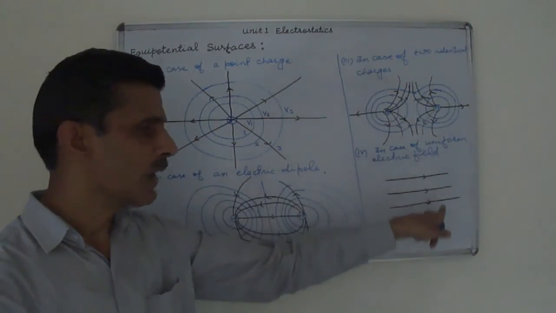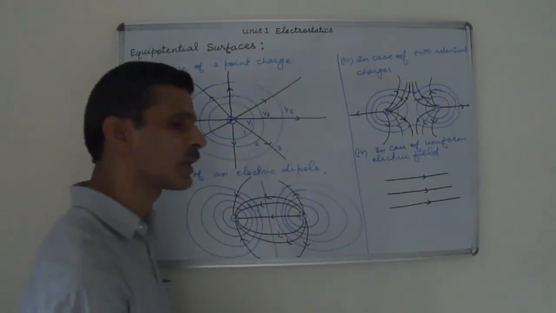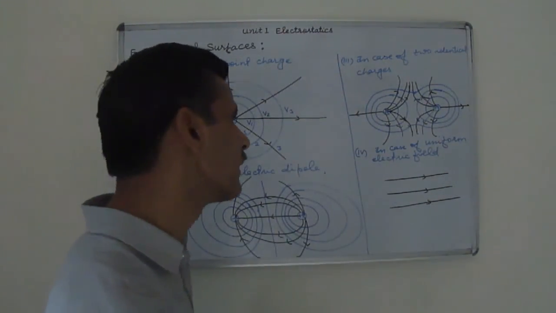These are unidirectional equispaced electric field lines representing a uniform electric field.